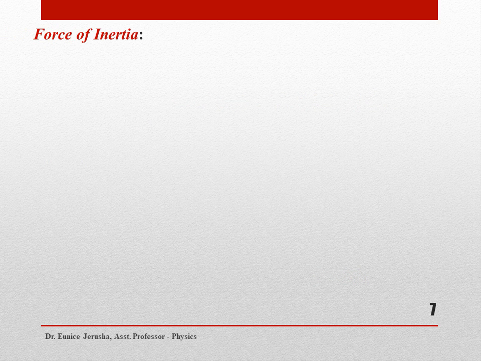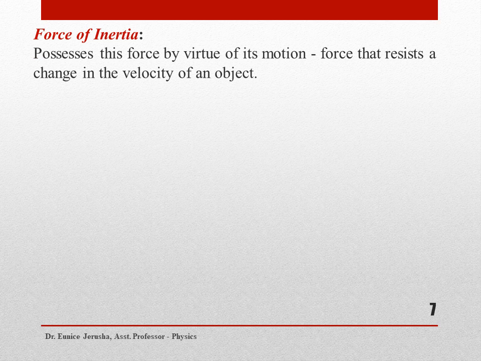If the earlier two forces are acting in the upward direction, there must be a force within the body which acts in the opposite direction, and this force is called the force of inertia, which a body possesses by virtue of its motion.